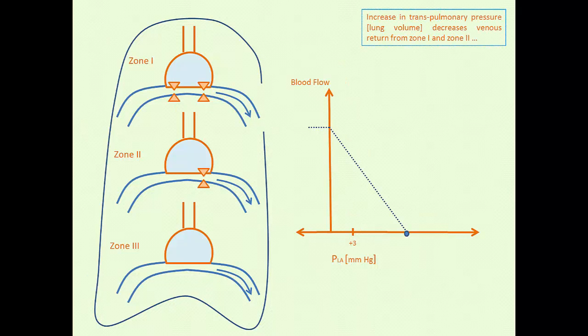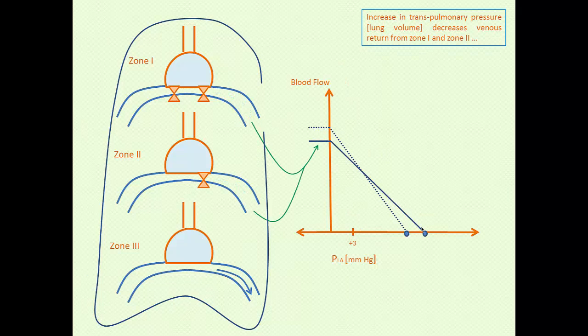And we talked a little bit about what happens in these zones when you have an increase in transpulmonary pressure or lung volume that you would get if you take a breath in or put a patient on mechanical ventilation. Remember, both spontaneous ventilation and mechanical ventilation both increase transpulmonary pressure and therefore lung volume. And it tends to collapse zone 1 and zone 2 beds, and so these arrows which represent flow are diminished.